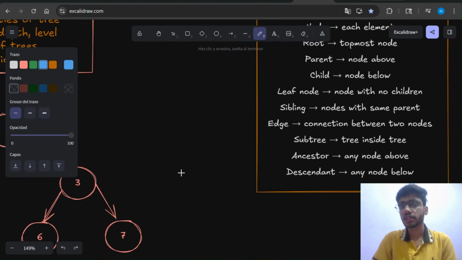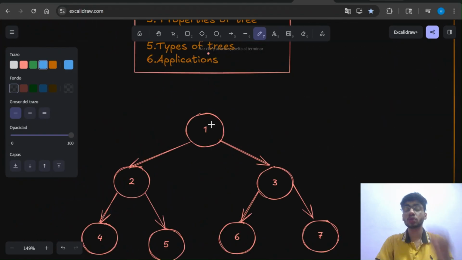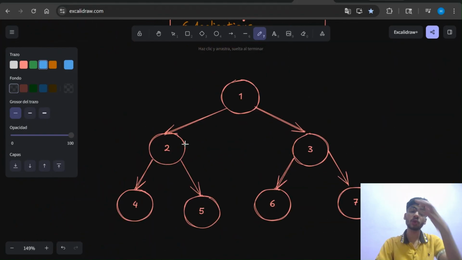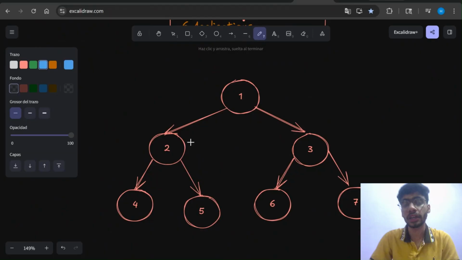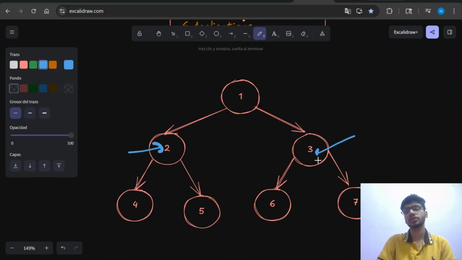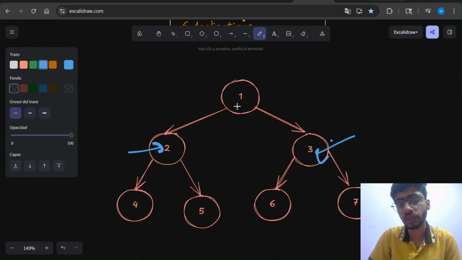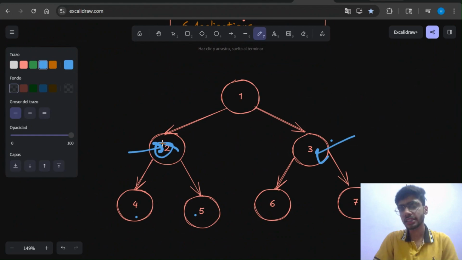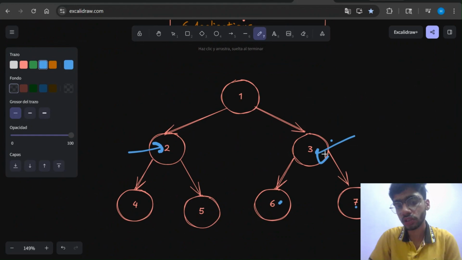Sibling. Siblings are two or more nodes with the same parent. So 2 and 3 are siblings because they both have parent 1. 4 and 5 are siblings because they both have parent 2. 6 and 7 are also siblings because they both have parent 3.